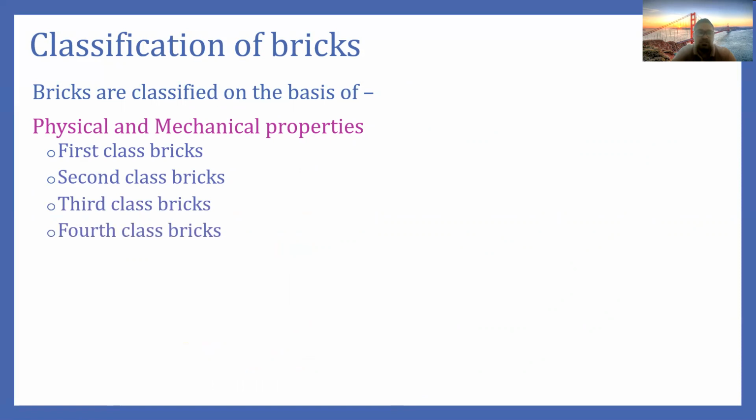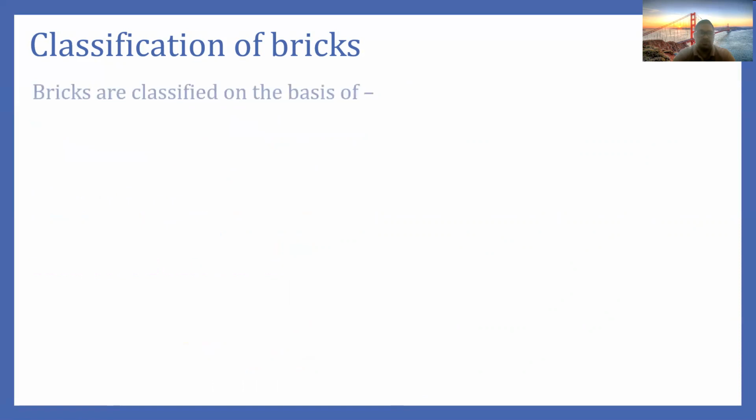And the second basis on which brick can be classified as per Bureau of Indian Standards is the strength of the brick. First we will see the classification based on the physical and mechanical criteria, and then we will see the strength classification.